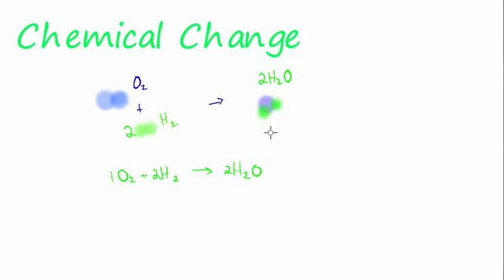But notice what needs to happen in order for this reaction to occur. First, we need to break this oxygen bond. Because this thing is bonded, and because we need to break this bond, obviously we need energy. So if I wanted to break this bond, I will need to use energy to break that bond.